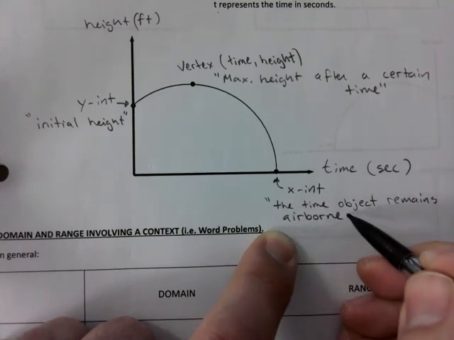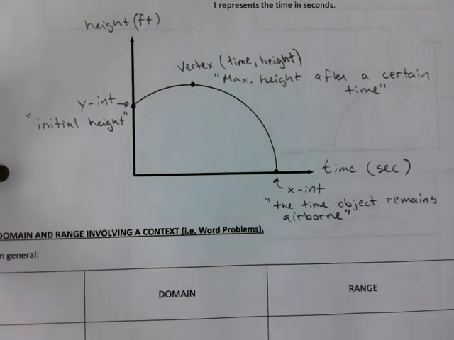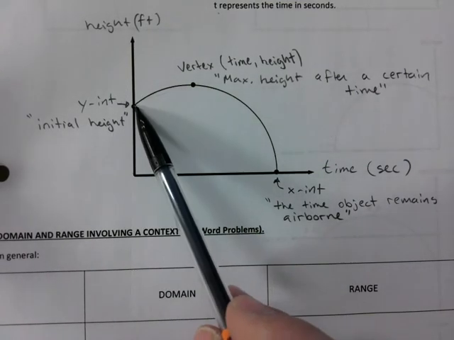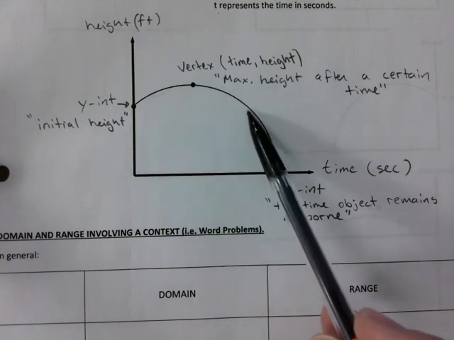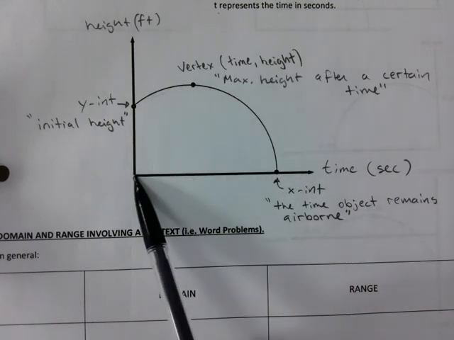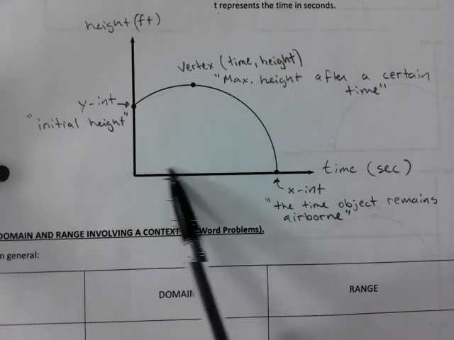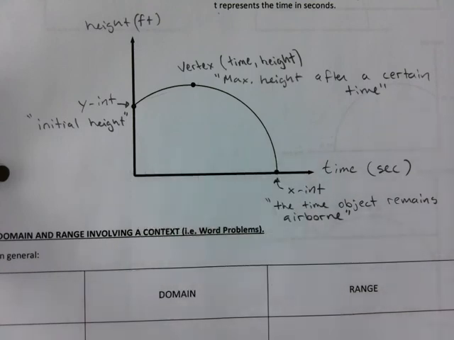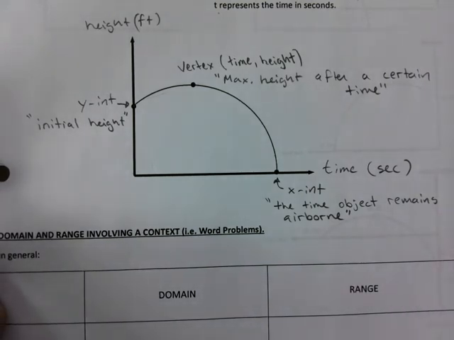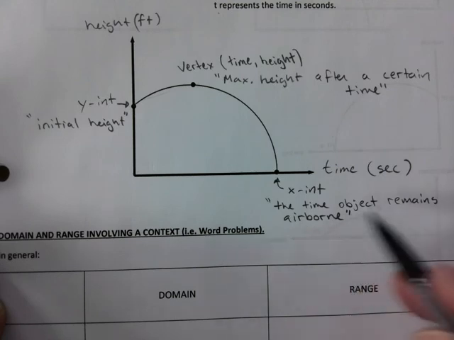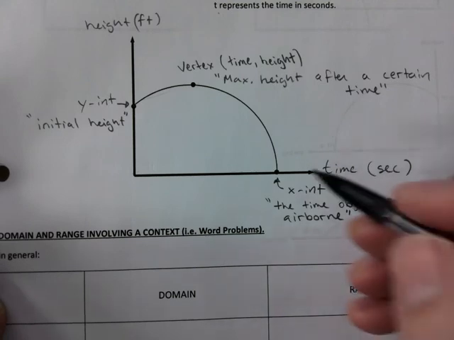There are various ways of referring to it, but in a nutshell, if you launch something here, it hits the ground here, so it tells you how much time went by until that object hit the ground or the surface of the water or whatever. And so that's what I want you to have there. Time until the object hits the ground and so forth.